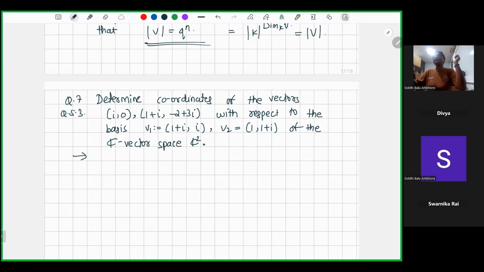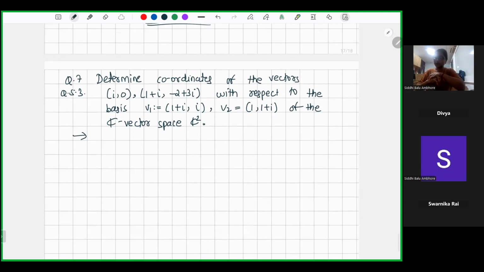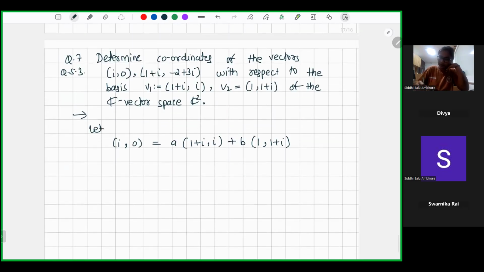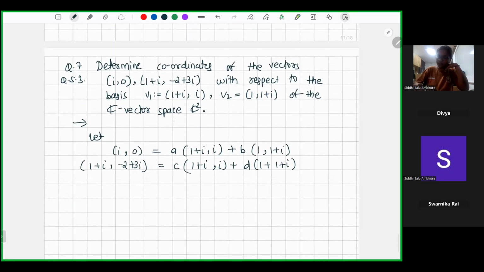So we have to determine the coordinates. What exactly we have to find is the coordinates of the vectors. We need to find A(1, 1+i) plus B(i, i)... or let me write AB... and (1+i, -2+3i) equal to C(1+i, i) plus D(1, 1+i).